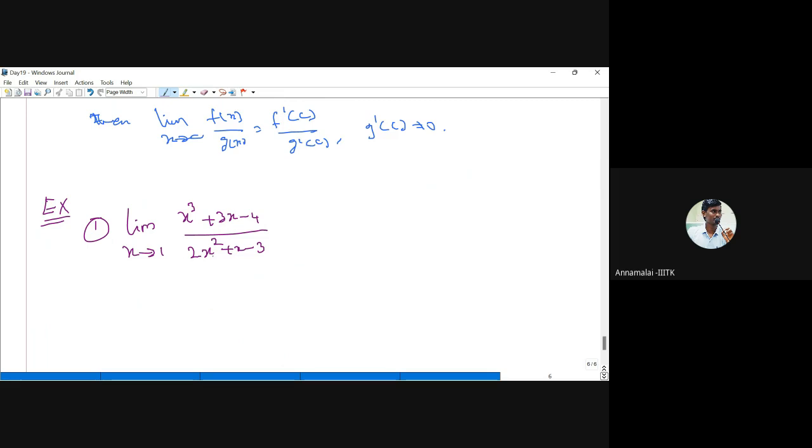In the denominator also, if we substitute x equal to 1, we get 0. By L'Hospital rule, we take the differentiation. The derivative of the numerator is 3x square plus 3, divided by 4x plus 1. Now, substituting x approaches 1, the numerator is 6 and the denominator is, sorry, 5. Therefore 6 by 5 is the limit of this function.